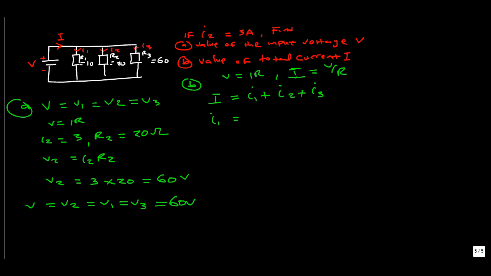I1 is equal to V over R1, and we already worked out the input voltage as 60 volts. So we have 60 over R1, which is 10, so that gives us 6 amps.